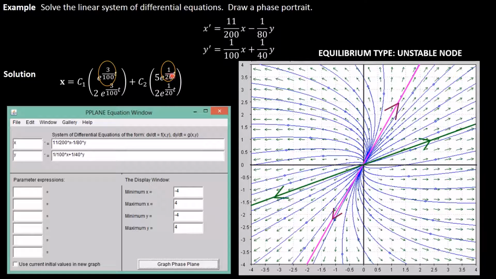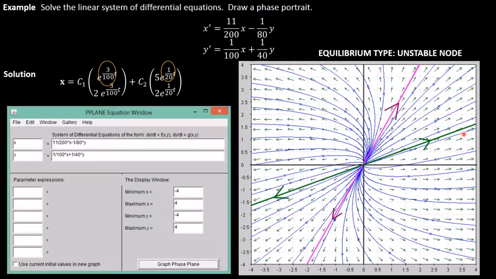But this vector will be immeasurably huger than this vector because we have 500 times 0.05 instead of 500 times 0.03. So because of the larger exponent here, this solution is dominant for large values of t, meaning all the solutions end up roughly parallel to the green eigenvector over long periods of time.